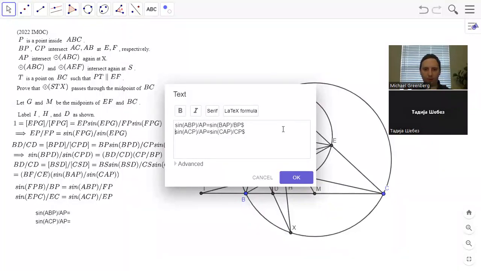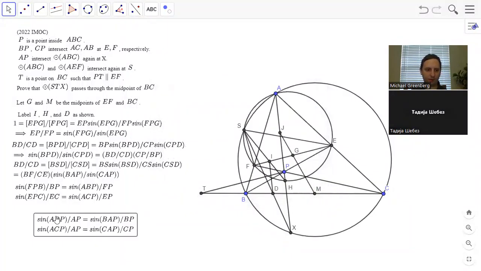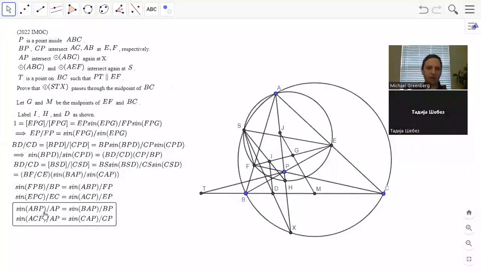So I think when you combine all these, you get to where you want. So if you combine all this above information, I think you get that the ratio of this sine is equal to the ratio of this sine. I'm just guessing it'll work out.